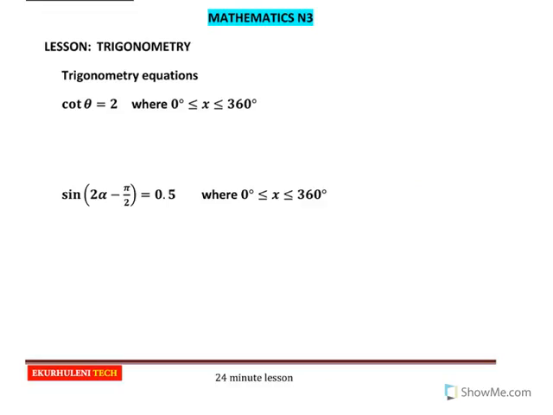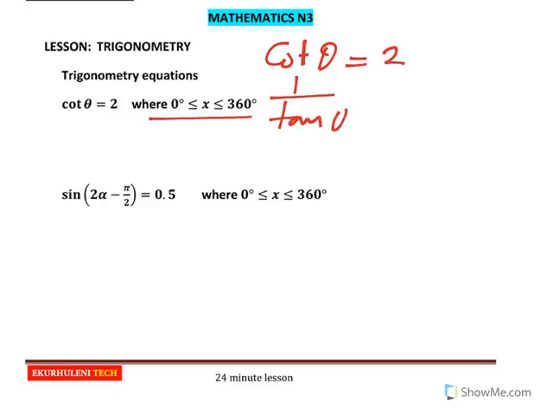Again, the next one says find theta where cot theta is equal to 2. They're giving us a range. Remember, if they say cot theta is equal to 2, you know what cot is. Cot is 1 over tan theta. So 1 over tan theta is equal to 2, and remember it's over 1.